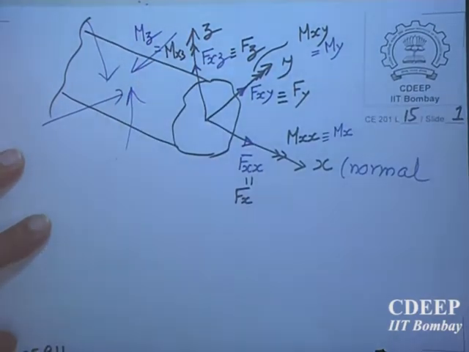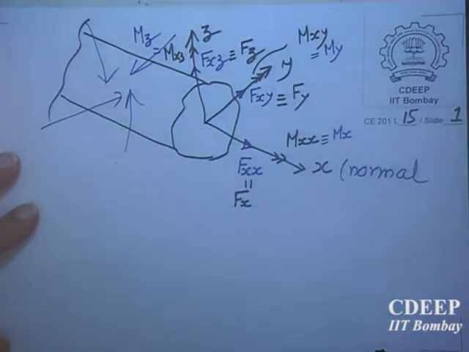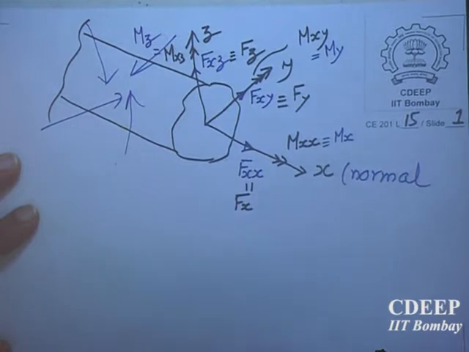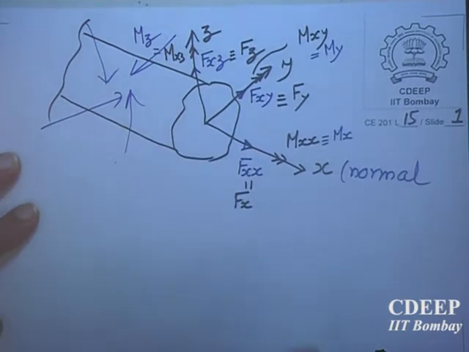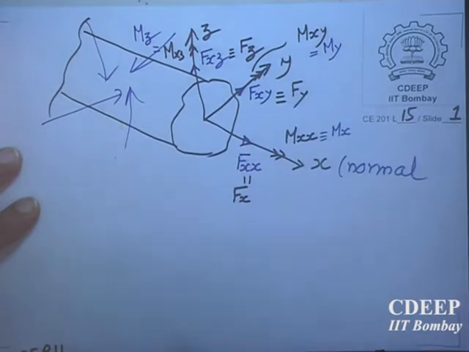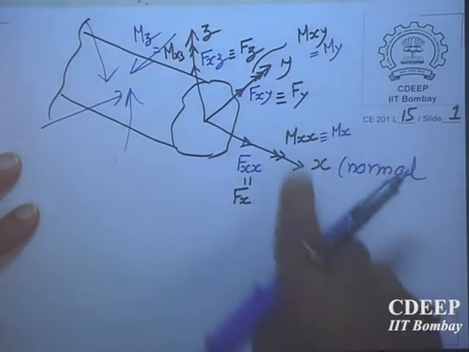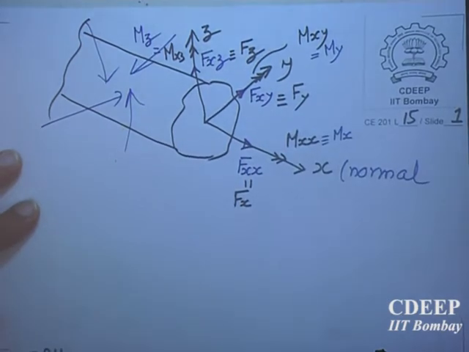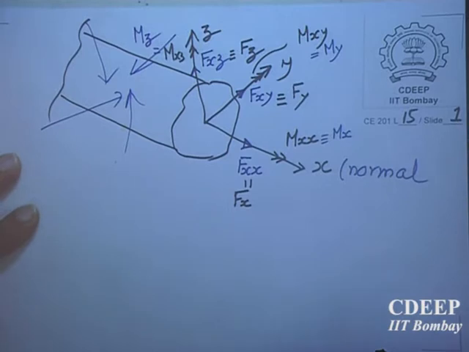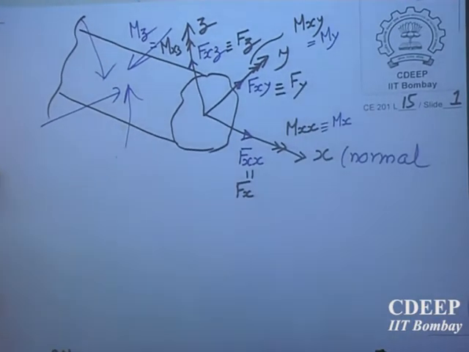If you want to show that these are acting on a positive x plane, then the double subscript is needed. If you say it is already a fixed plane, then it is Mx, My, Mz. But the first notation is good because it also defines the plane on which it is acting. Okay, so you have these 3.